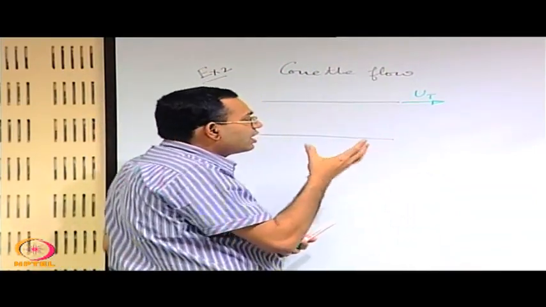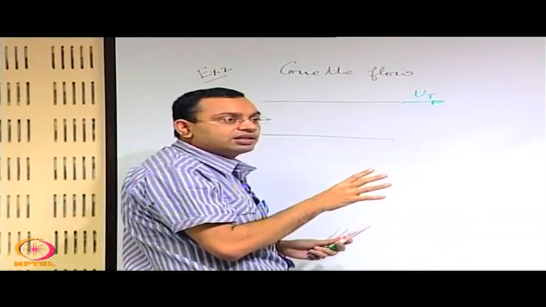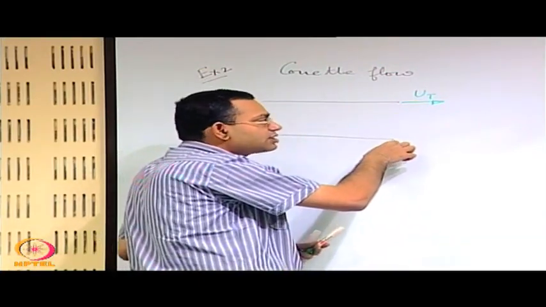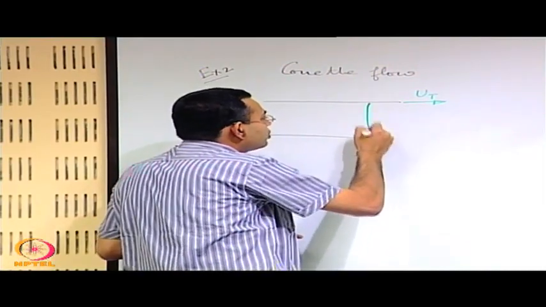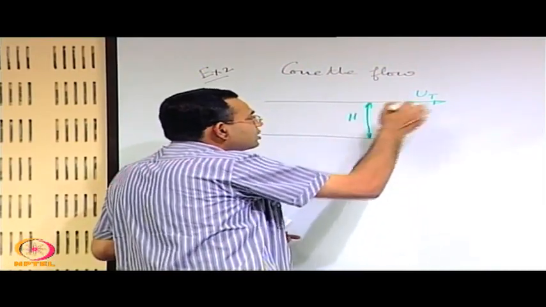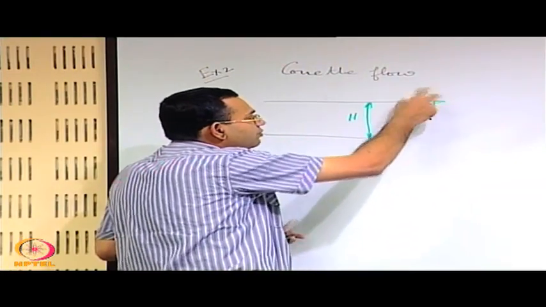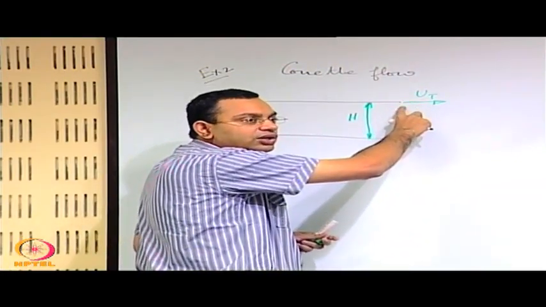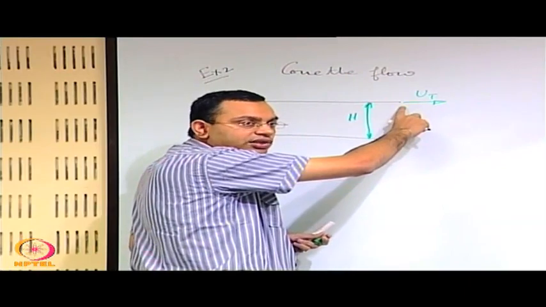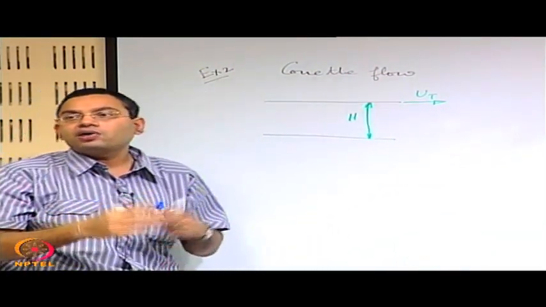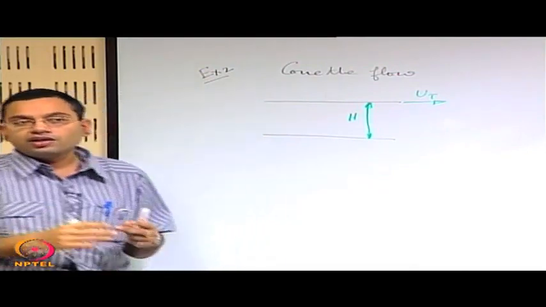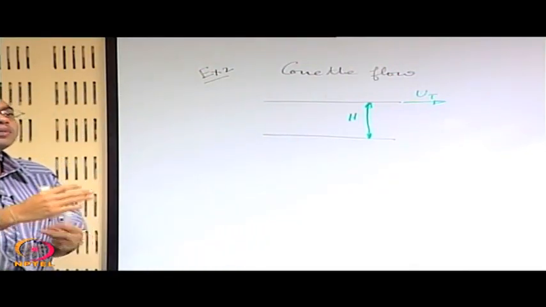It is an automatic inducer of velocity gradient, because the bottom plate has 0 velocity, the top plate has velocity ut, and let us say the gap between the two plates is h. Then roughly of the order of ut by h is the velocity gradient. So it creates a rate of deformation by itself, by the boundary condition.